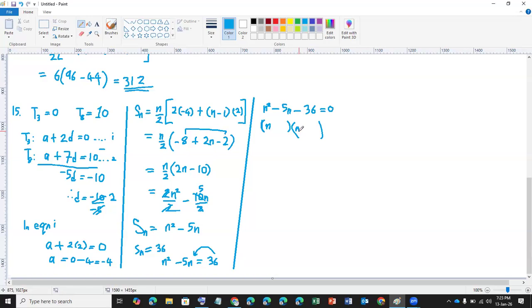9 and 4. Okay, so now, minus 36, is it that the minus is on 9 or the minus is on 4? Which one is carrying the minus?